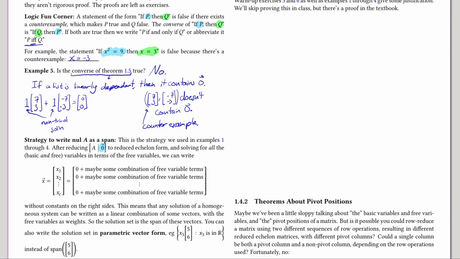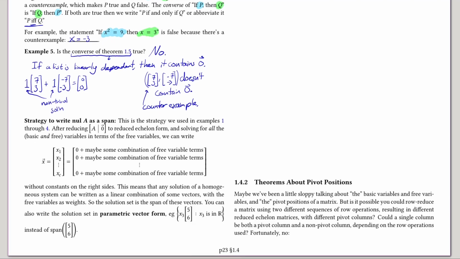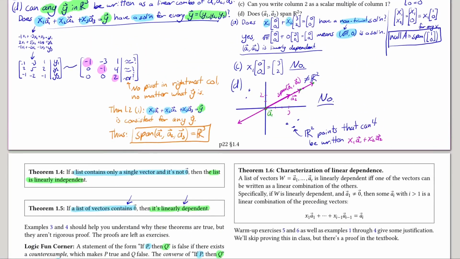And that means that any solution of the homogeneous system can be written as a linear combination of some vectors with the free variables as weights. So the solution set is the span of these vectors. That's what we did over here.